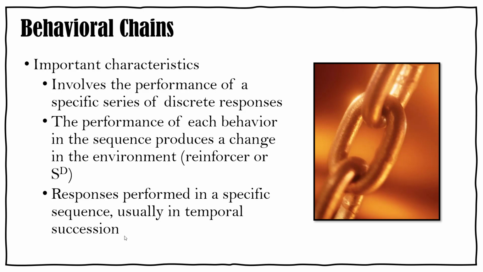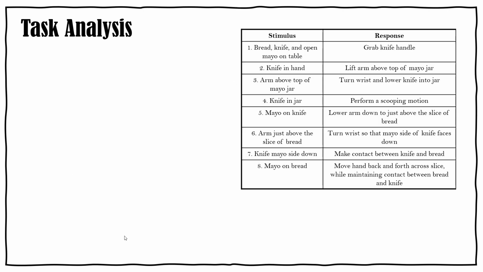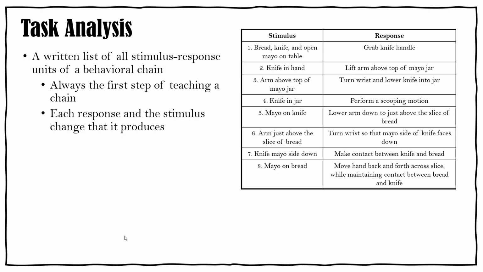It's a temporal sequence. Okay, when you first start doing chaining, you want to lay out what we call a task analysis. This is when you provide a written list of all of the stimulus-response units of a behavioral chain. This is always the first step in teaching these complex behaviors using chaining.